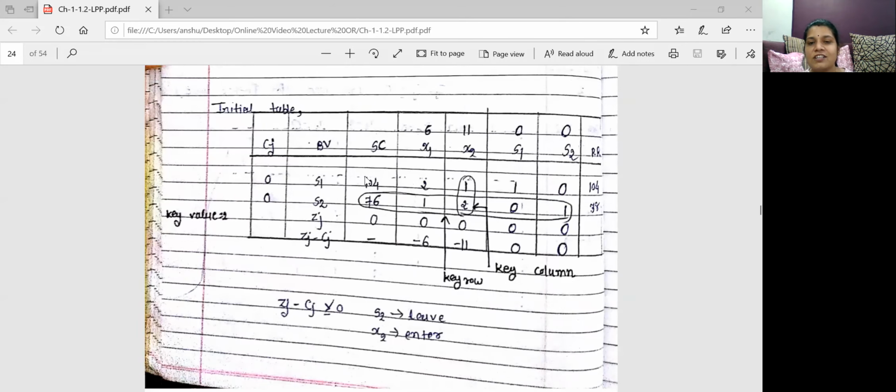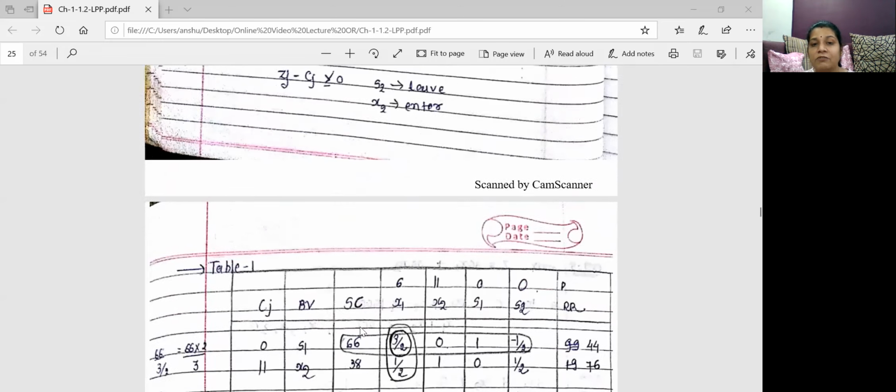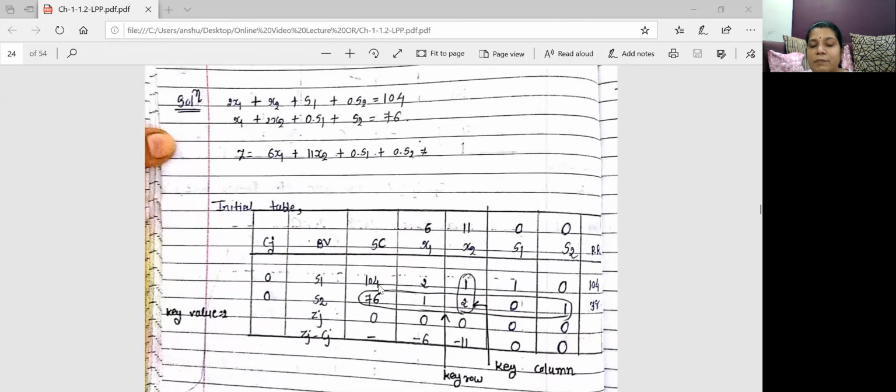Okay, so we find our first equation. The first equation, in the place of 104, पे आपको चेंज लाना है in our table 1. So we multiply 104 by our key number. So 104 into 2. So what is the format of the determinant? Determinant कैसे बनेगा? 76 into 1. Obviously 104 into 2 minus 76 into 1, divided by key number.